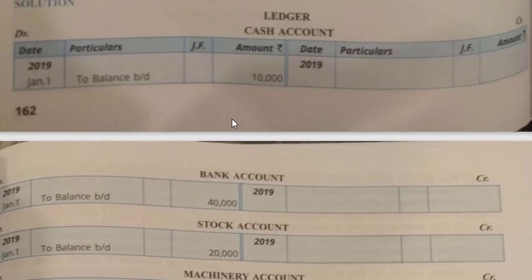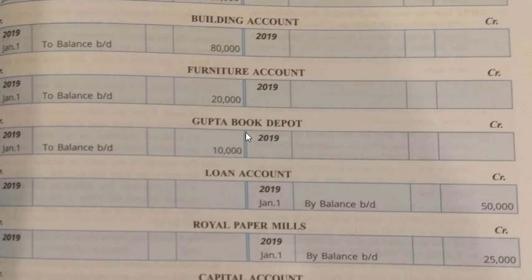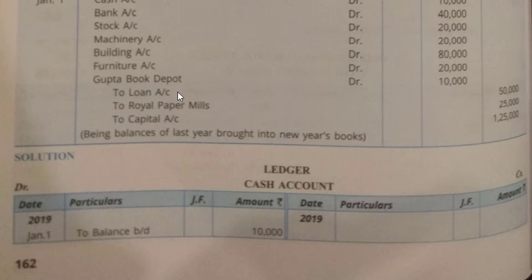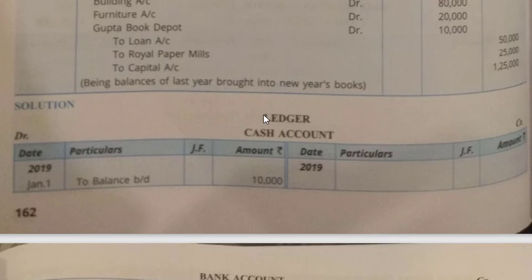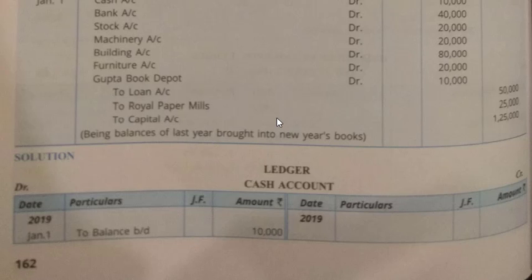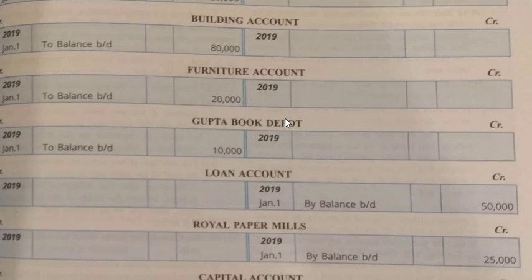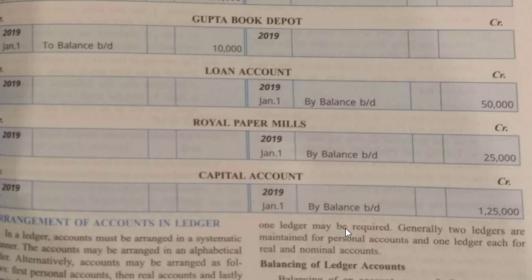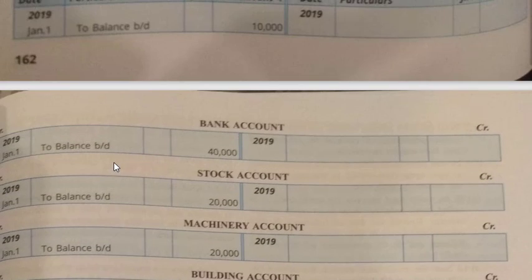Now for the credit side, my loan account is credited, so for the loan account on the credit side I will write "by balance brought down", and so on. So this is how we do the posting in the ledger for opening balance.